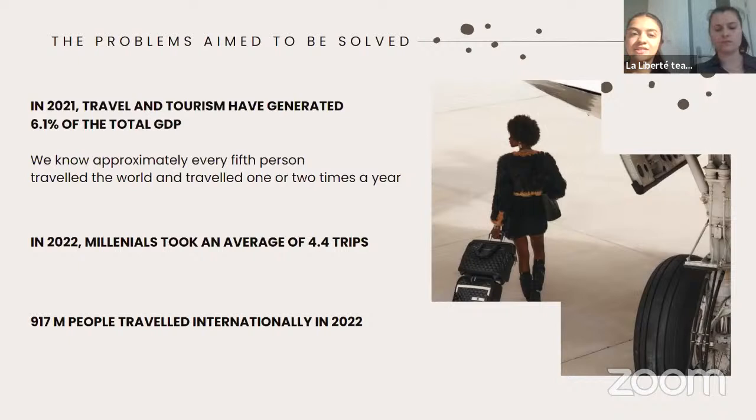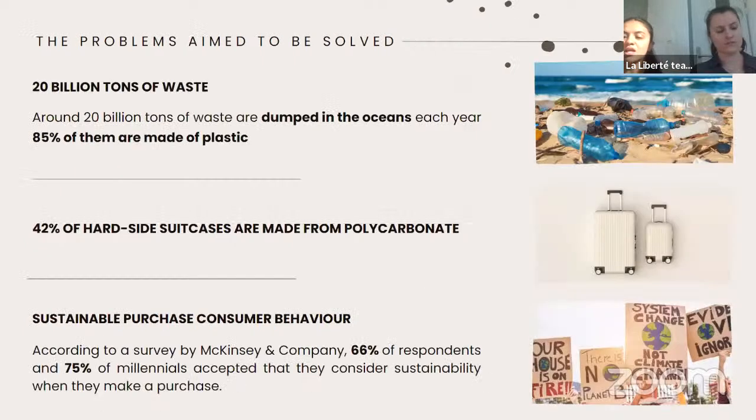If we go through the data, we know that millennials, you and I, must have taken at least 2 to 4 trips in a year. And there are 917 people traveling internationally in 2022. But the question is sustainability.